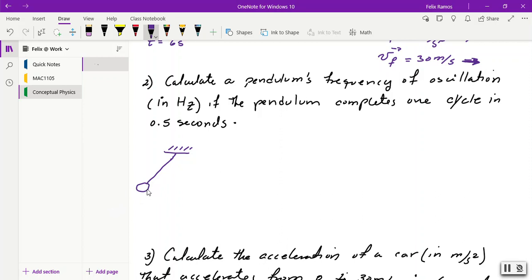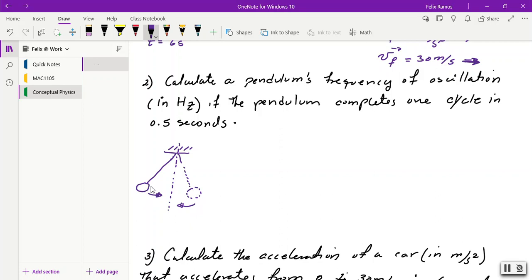We're going to release this pendulum at this position. There is an equilibrium position here. So the pendulum will move initially in this direction, and then it's going to reach this other extreme, and it's going to come back.